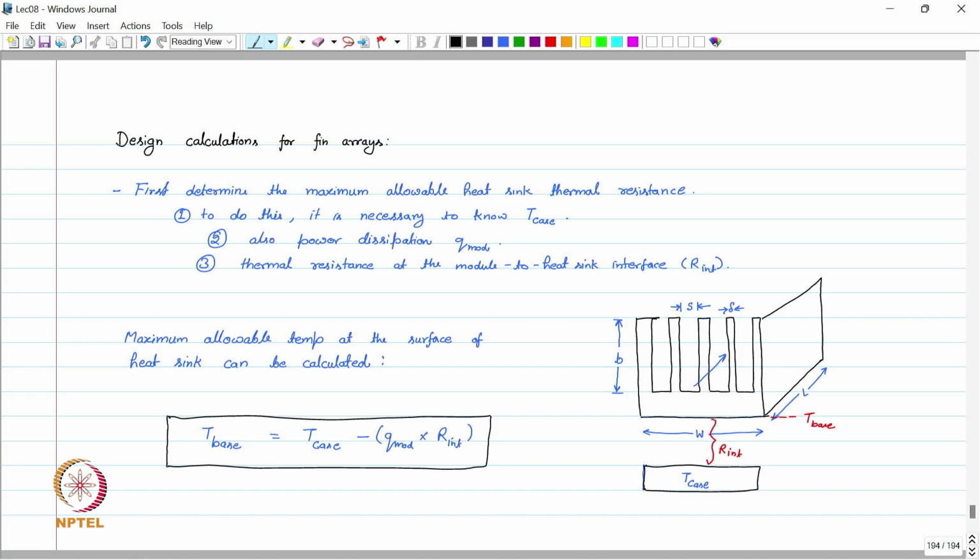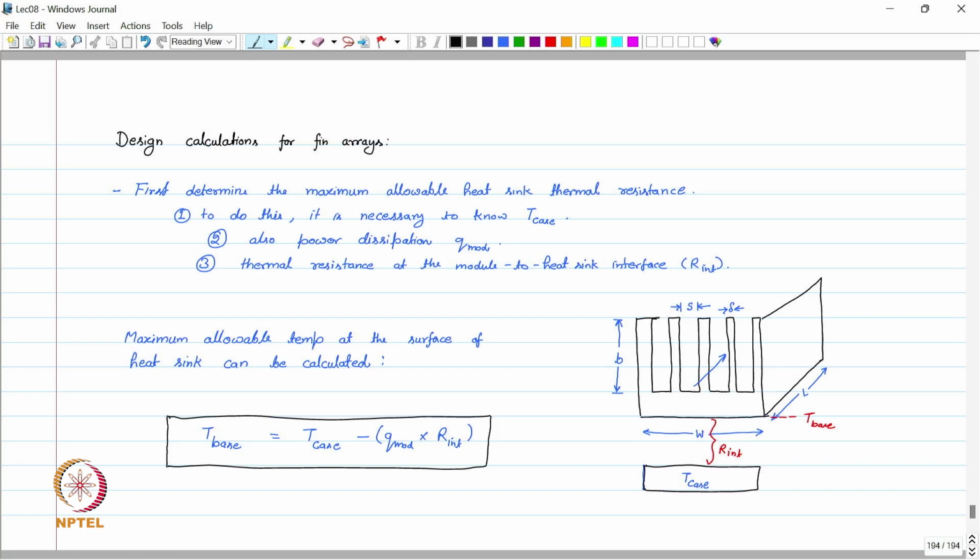Now we need to calculate the Rint, which is the thermal resistance between this T case, the chipset, and the heat sink. There is generally a certain amount of epoxy or paste put there. Based on that, there is a certain thermal resistance, that is Rint, that we need to know, and T case we know by measurement.